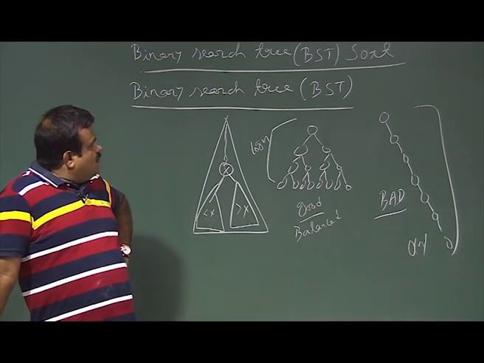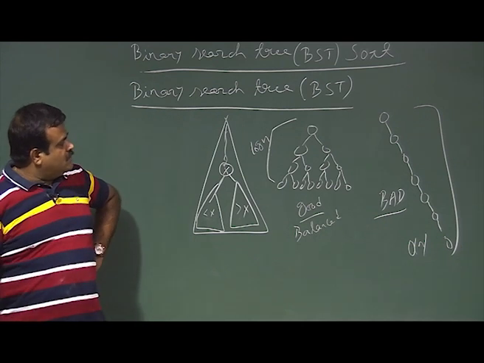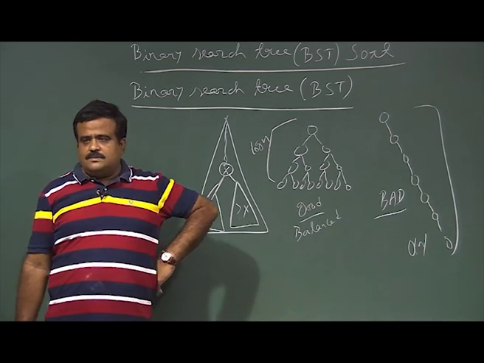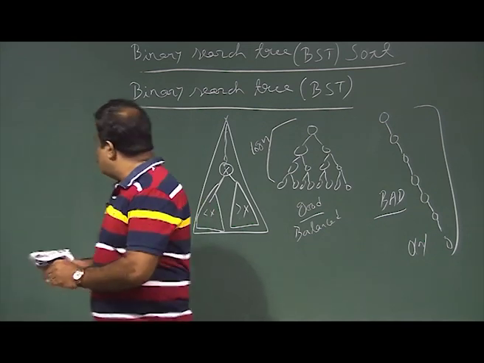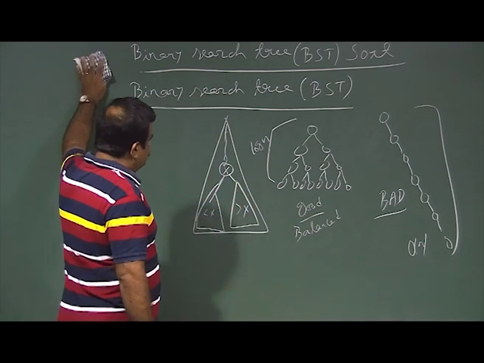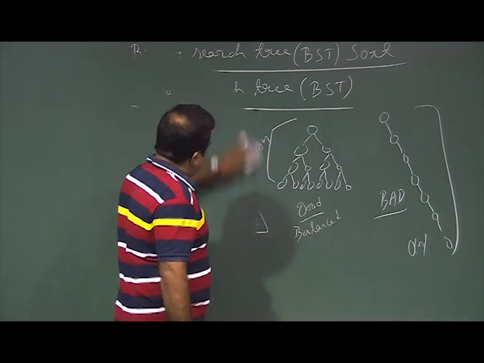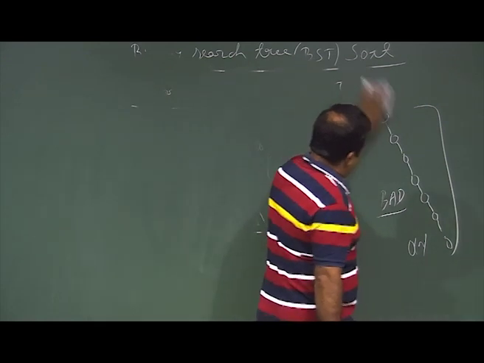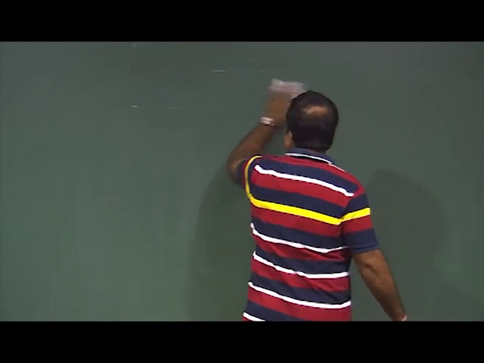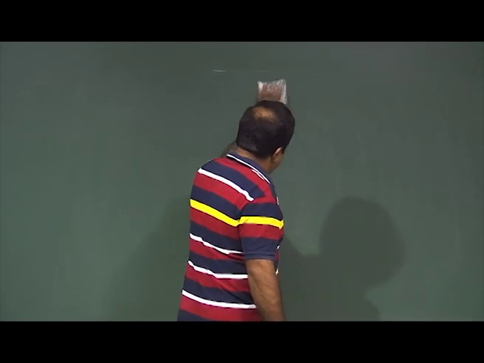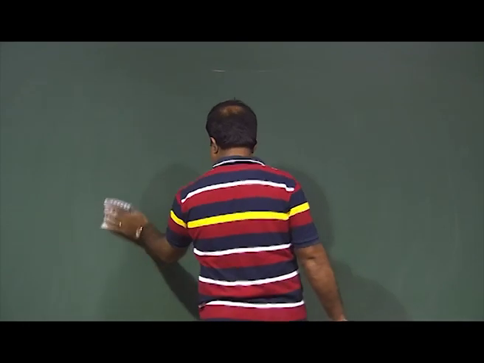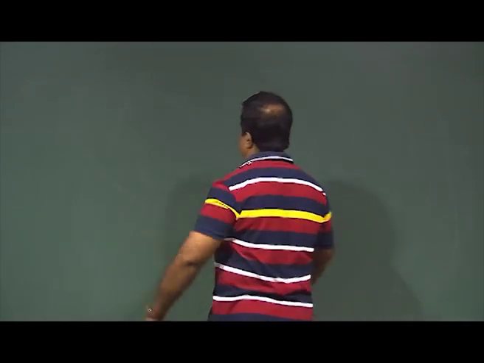Okay. So now we will talk about BST sort, binary search tree sort: how we can use the binary search tree to have a sorting algorithm. Let us write this as BST sort. We are given n numbers, and we can sort them by using the binary search tree.